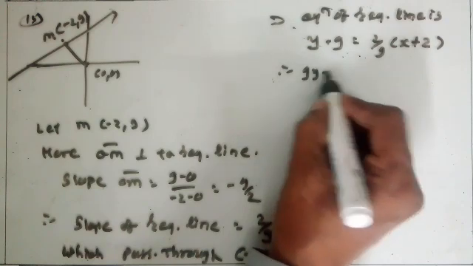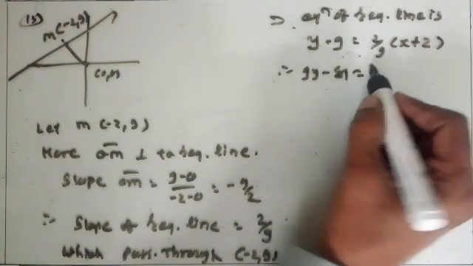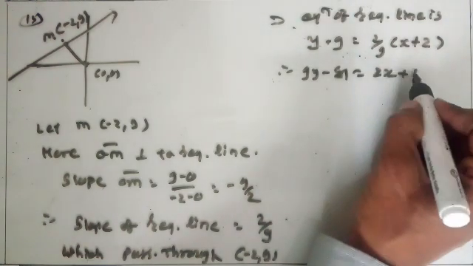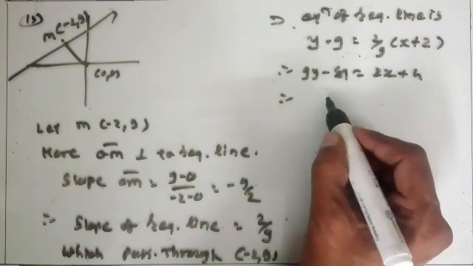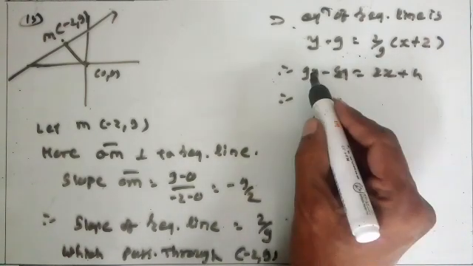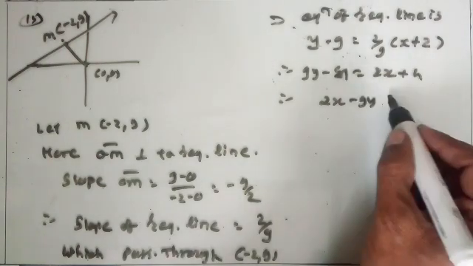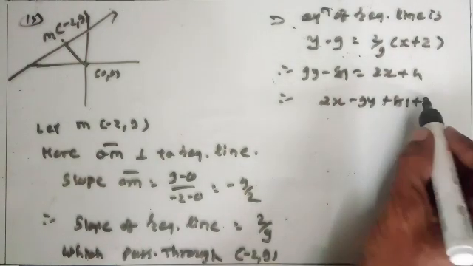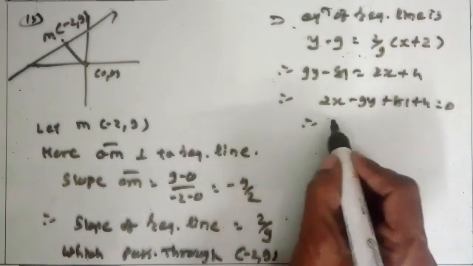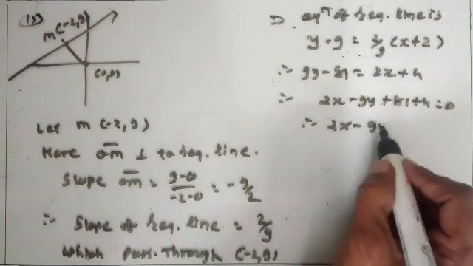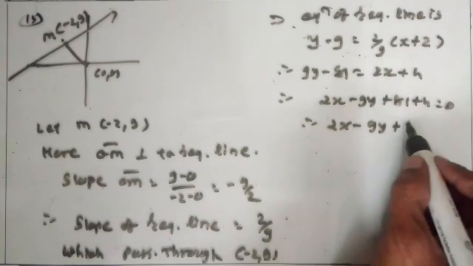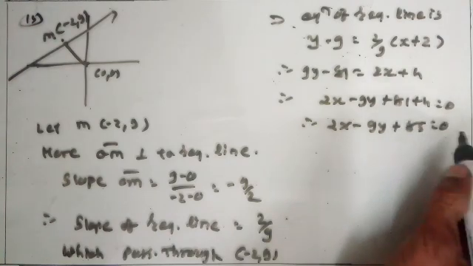Therefore 9y minus 81 is equal to 2x plus 4. Taking this side, 2x minus 9y plus 81 plus 4 equal to 0. Therefore 2x minus 9y plus 85 is equal to 0. Clear?